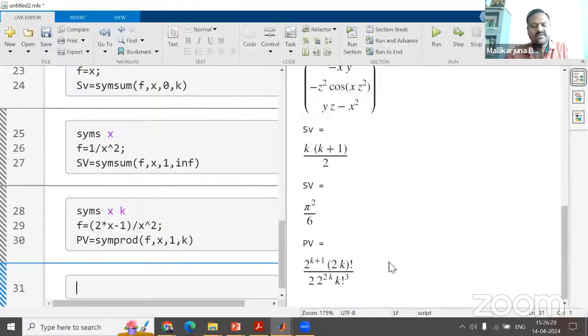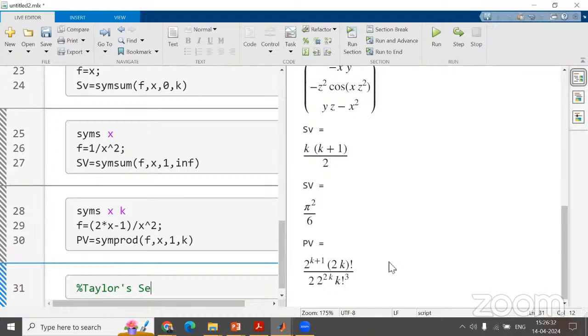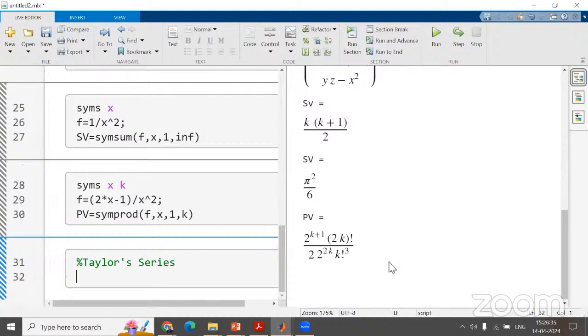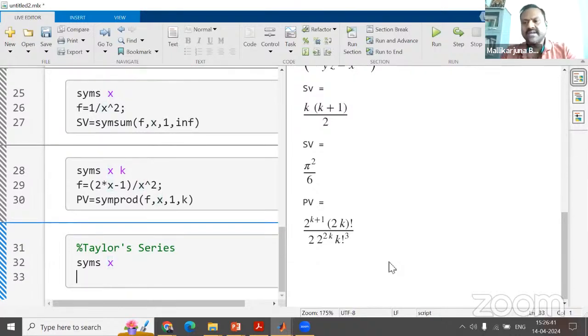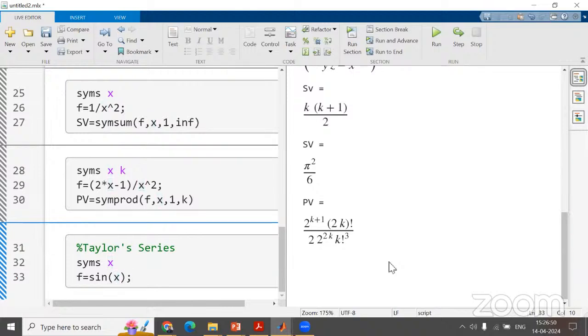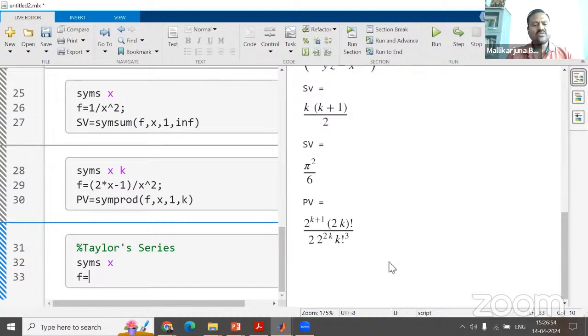So next one, Taylor series. Here, symbolic mathematics. So x we are defining as a symbol. Now the function f is equal to sin x. Just a simple expression I am taking. Say y only, sin x, or if you want to take x sin x, you take any function.